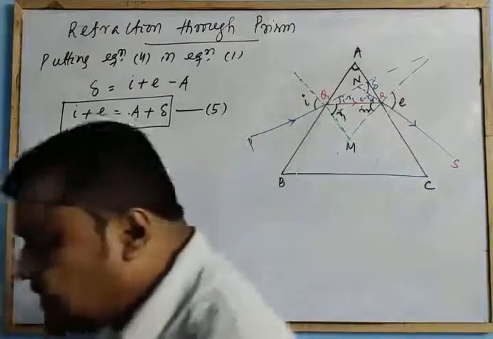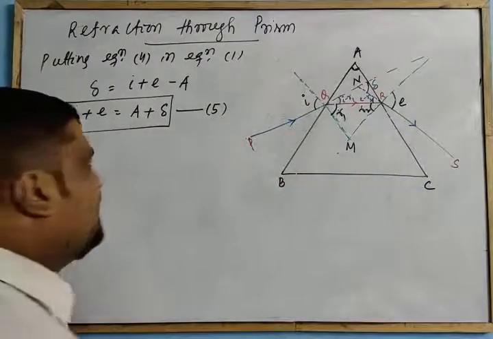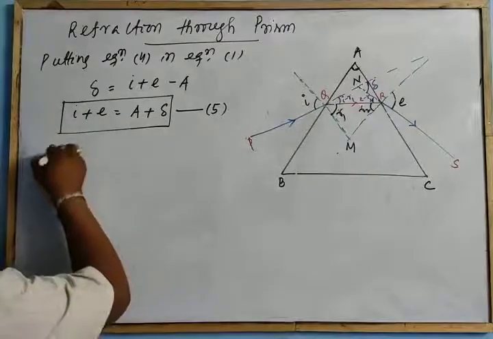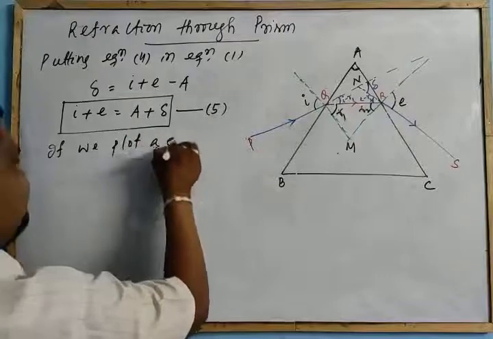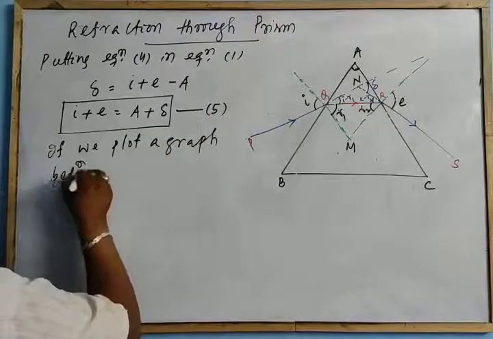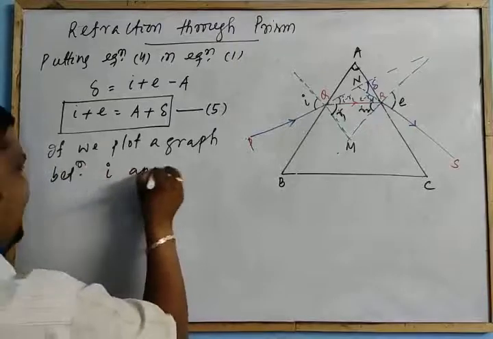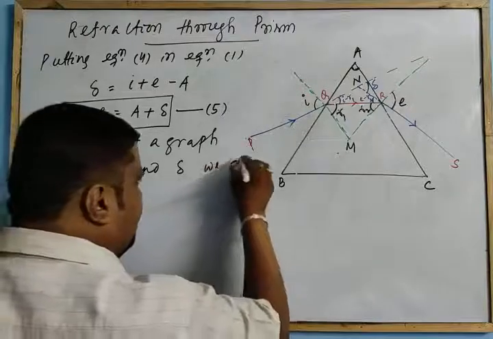What is this angle of minimum deviation? You see, if we plot a graph between angle of incidence and angle of deviation, what is the nature?